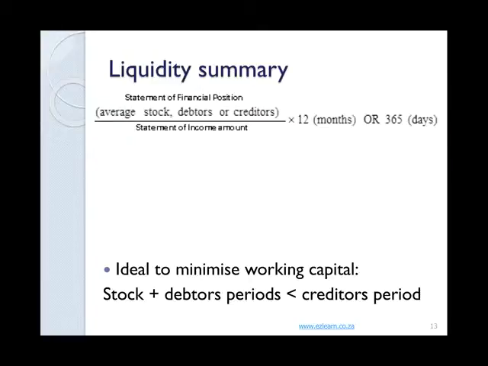This is not always possible, but you need to try and achieve it as much as you can. If you have a look here, you can see your operating cycle of how cash turns into stock and how it then turns into debtors and back into cash. If you can keep this cycle as short as possible, you will then be able to pay your creditors much more easily.